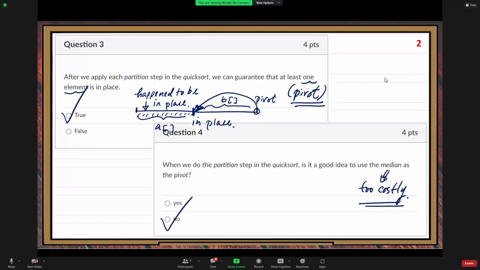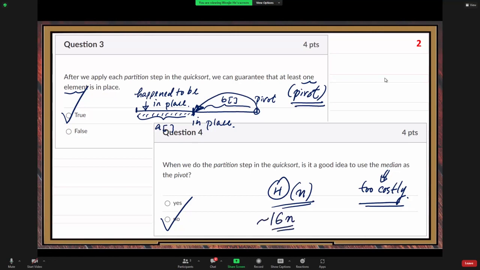You know what the big O of finding the median is? The efficiency, yeah, linear. That is the big O, but the constant coefficient is quite big, approximately 16 times.